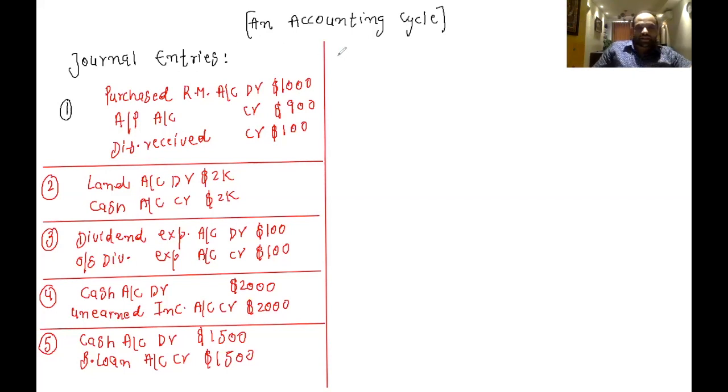So number 6, what is the journal entry? Depreciation expense debit for 10,000 and car account credit for 10,000. Oh no, sorry, 1,000 for each. Yes, 1,000 for each.